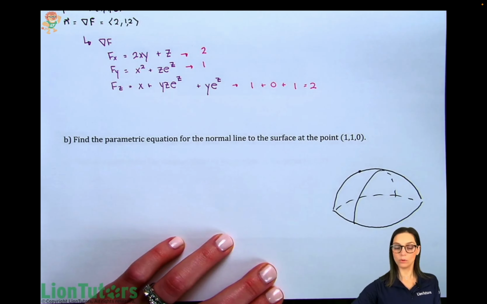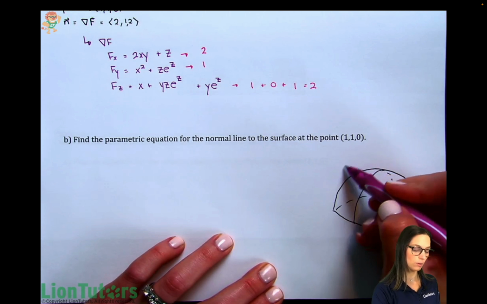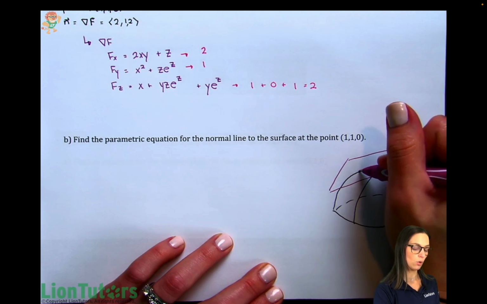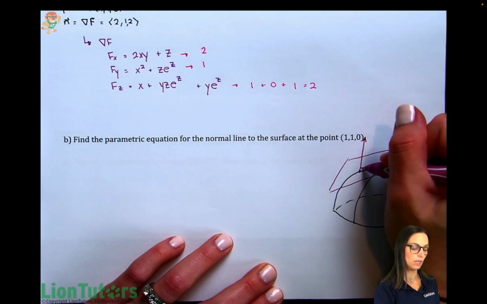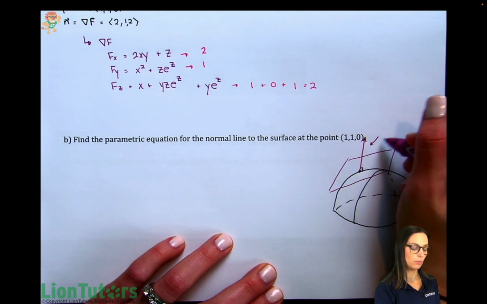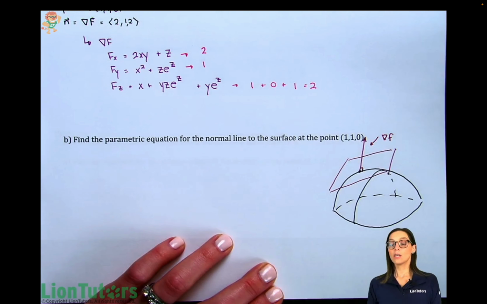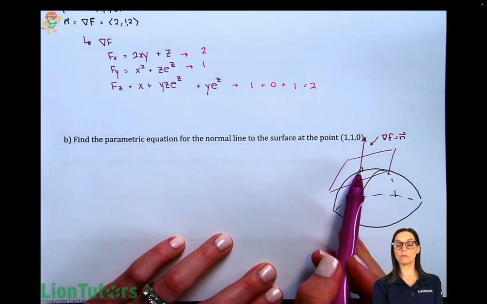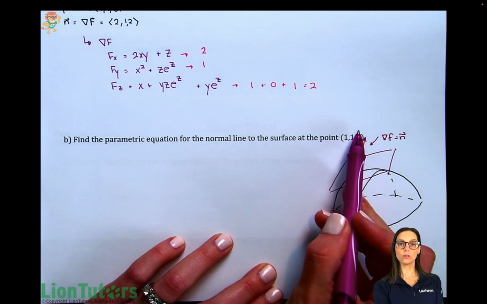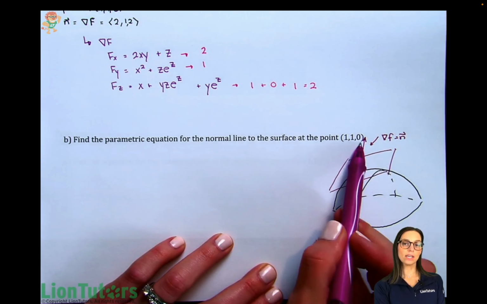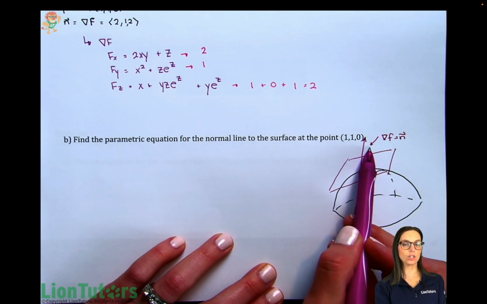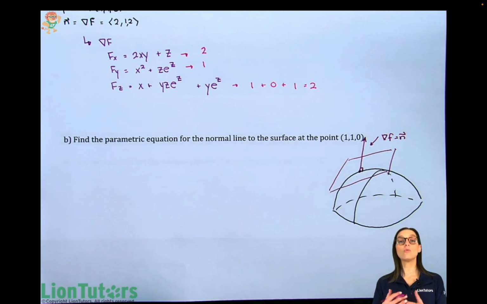So forgive my horrible 3D drawing here, but if this is some tangent plane, and we found the normal vector to the tangent plane by computing our gradient, then if we want to find the equation of the normal line to this surface, the gradient of our function, the normal vector of our tangent plane, is acting as the direction vector of our normal line.